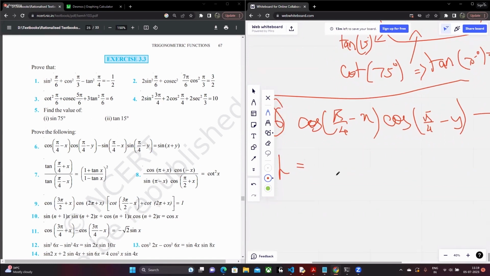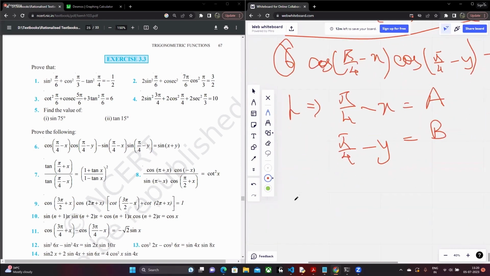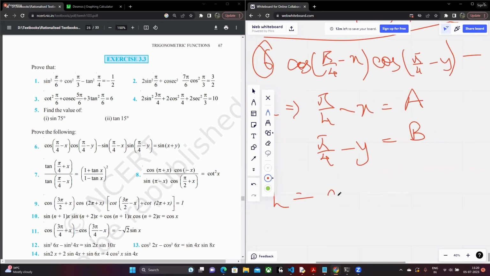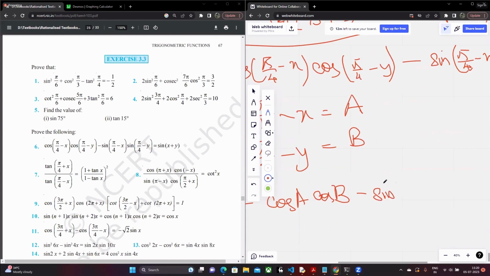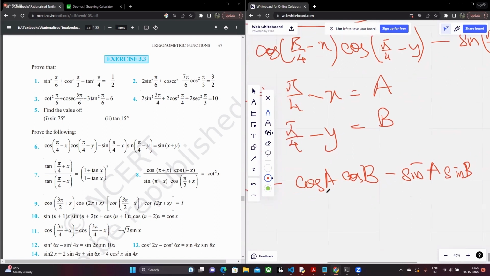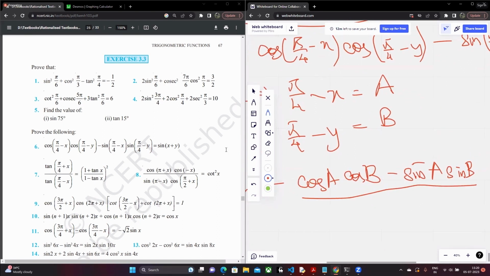So for L, first, I'll make the substitution that pi by 4 minus x is going to be my angle capital A. Similarly, pi by 4 minus y is going to be my angle capital B. Therefore, L is equal to cos A cos B minus sin A sin B. Note that cos of x plus y is cos x cos y minus sin x sin y.